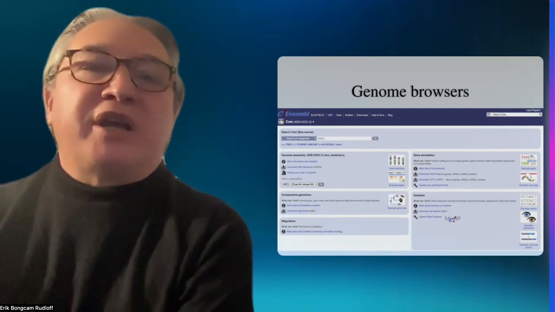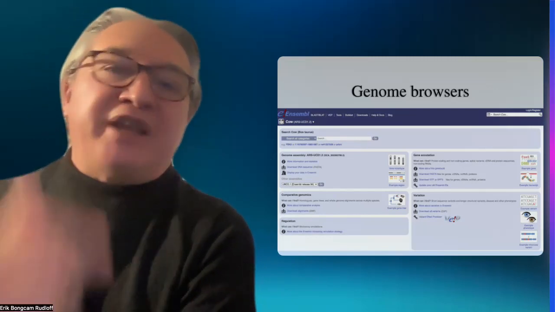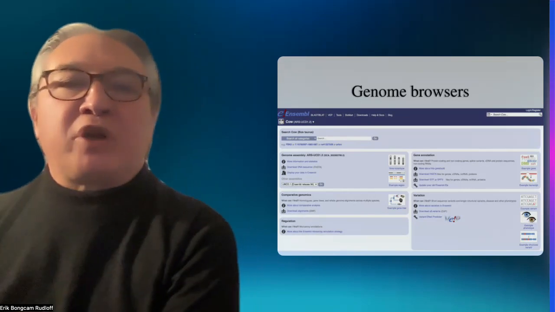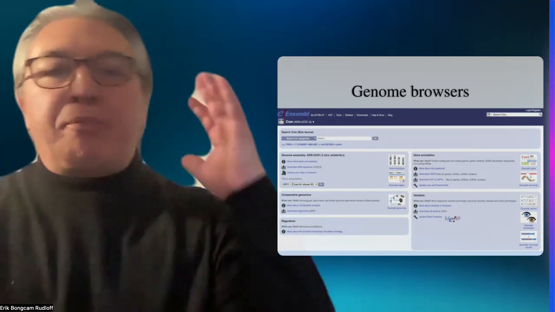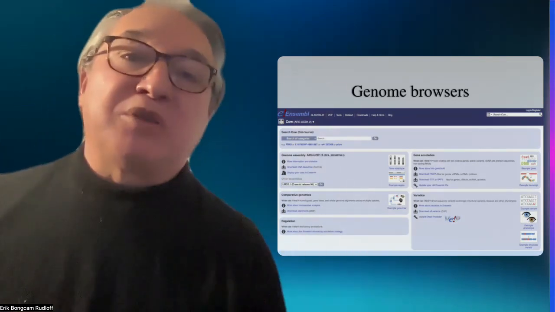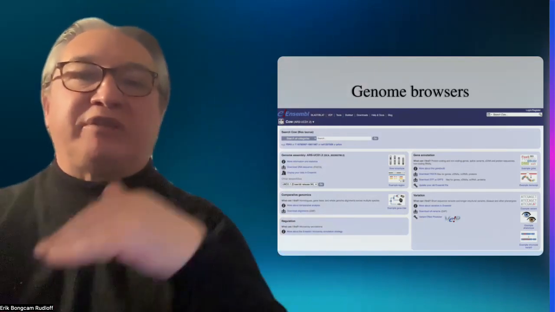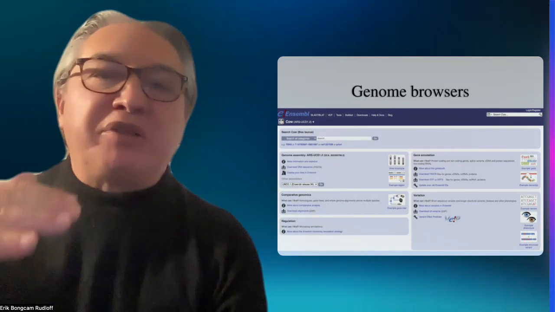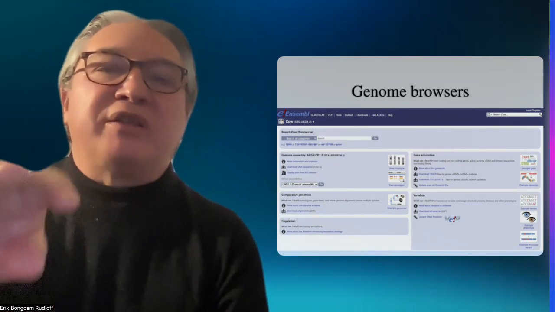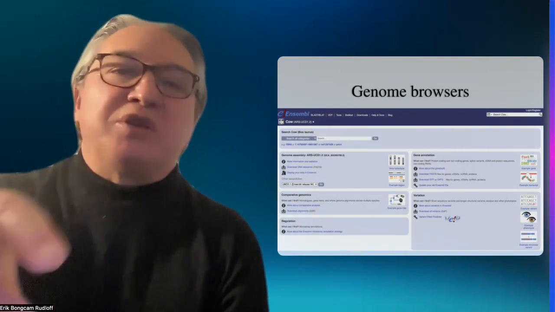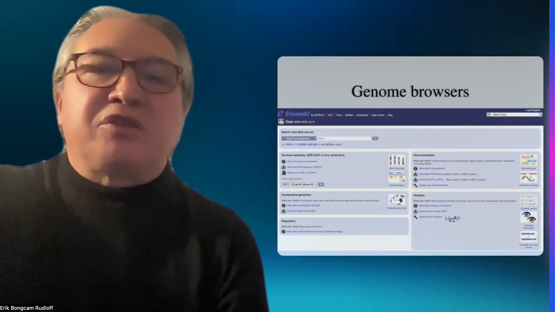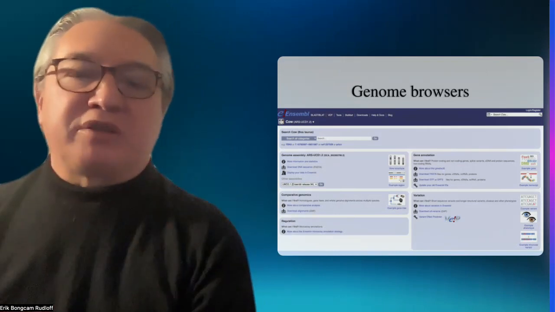The more annotated a genome is, the more data will be there. So if you look at the human genome, that is the best annotated because it's where most of the money is. You will see hundreds of entries from databases, and you will see mutants. You will see where the restriction enzymes are. You will see where the transcription factors bind from many, many projects.